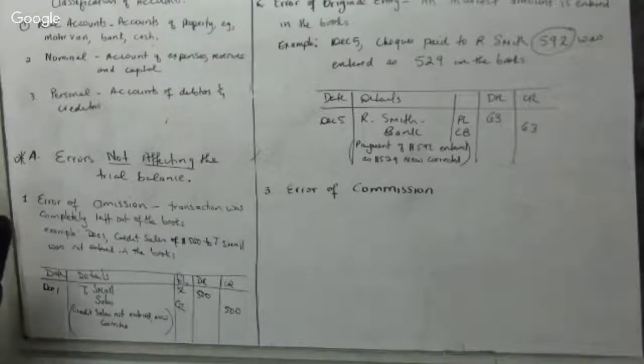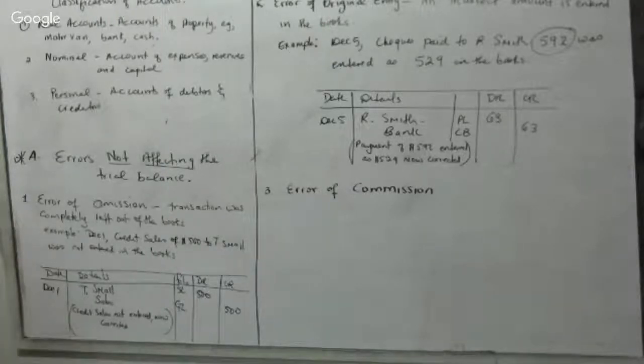All real accounts are accounts of property. Think about what you own, those are your real accounts: motor van, buildings, furniture, equipment, cash, bank.